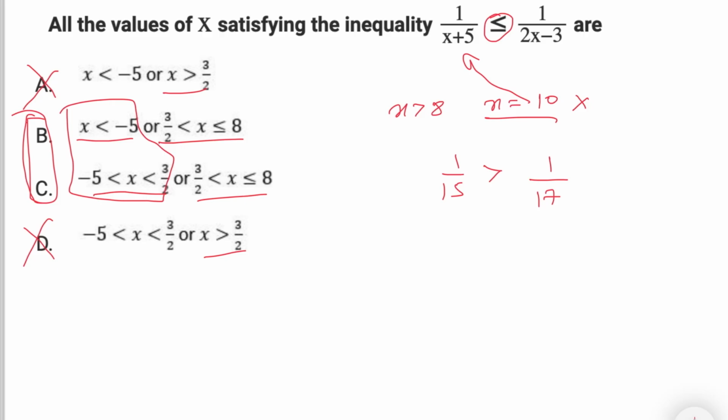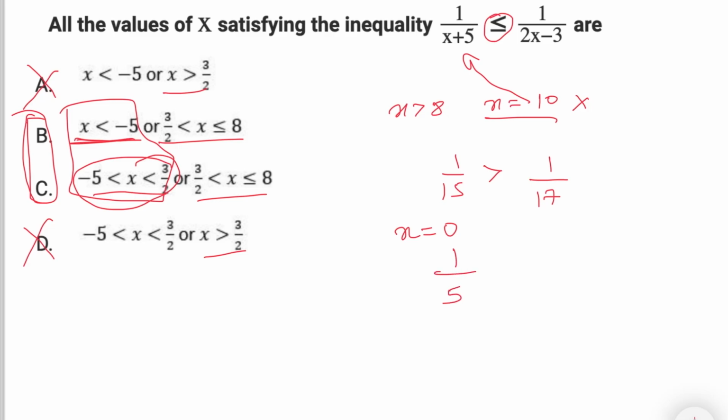The B option says x is less than minus 5. C option says x is between minus 5 and 3 by 2. Let's consider the C option for the time being, this part. X is between minus 5 and 3 by 2. Between minus 5 and 3 by 2, one value I can take for x is 0. And when I do that, the left hand side becomes 1 upon 0 plus 5, that is 1 by 5.